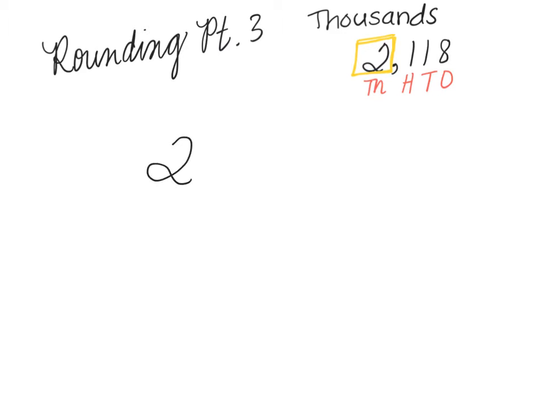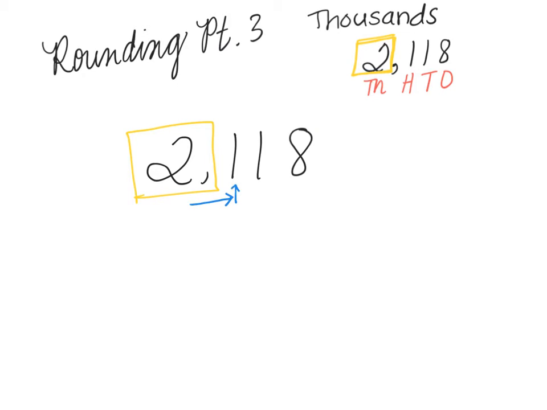Actually, I'm going to write this in the center. Okay, so I've got my target number here. Now, the next thing that I can do, I can look at the digit to the right.